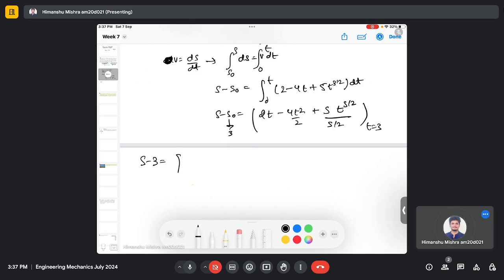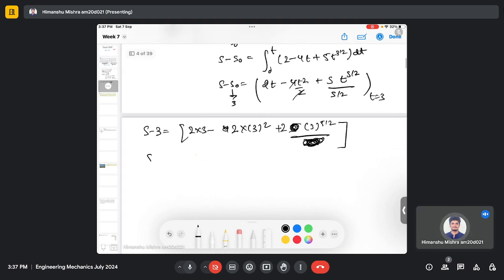So it will be 2 multiplied by 3, minus 4 by 2 times 3 squared, plus 5 times 3 to the power 5 by 2 divided by 2.5.